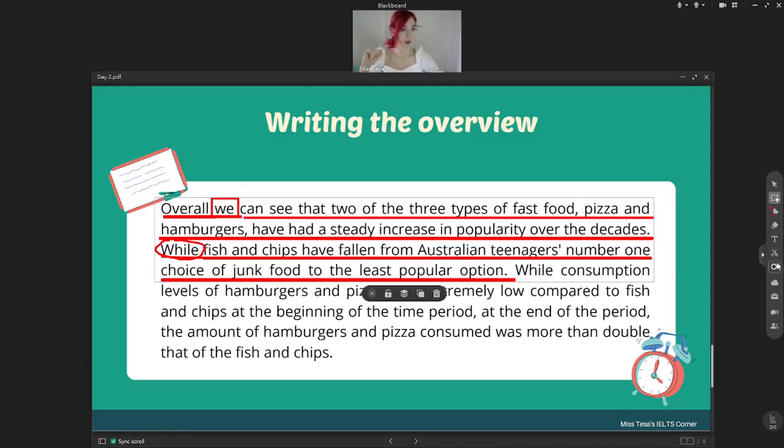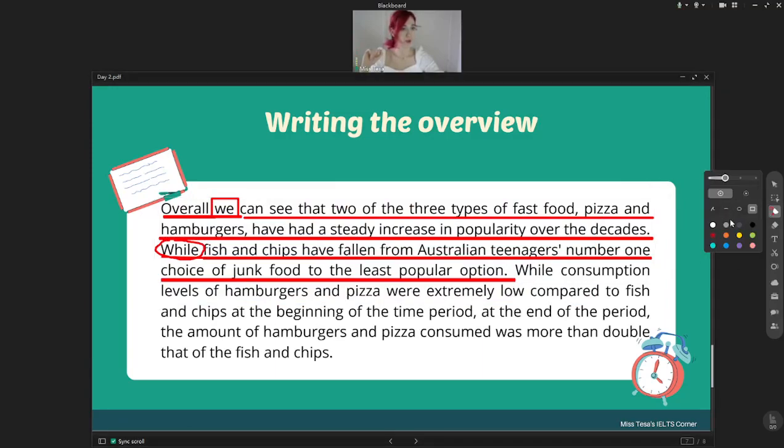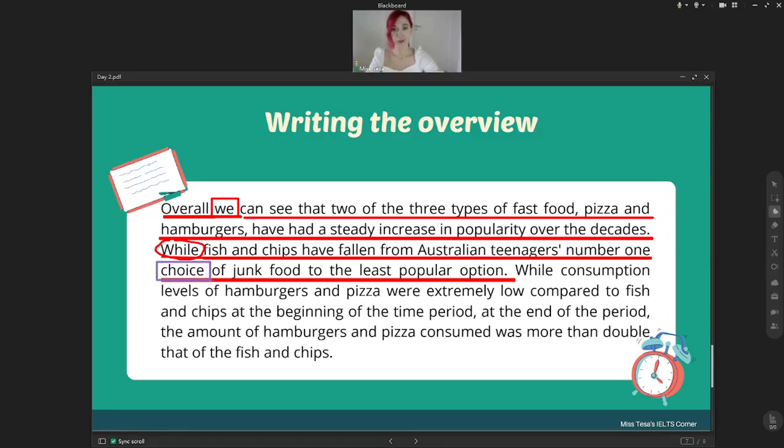Okay, now I want you to pay attention to the synonyms here. Because here I said a choice, right? I could have said the least popular choice and just repeated the word, but I used the synonym for choice, which is option. And the more synonyms that you can use in your essay, the better score you will get. So just try to not repeat your words too often.